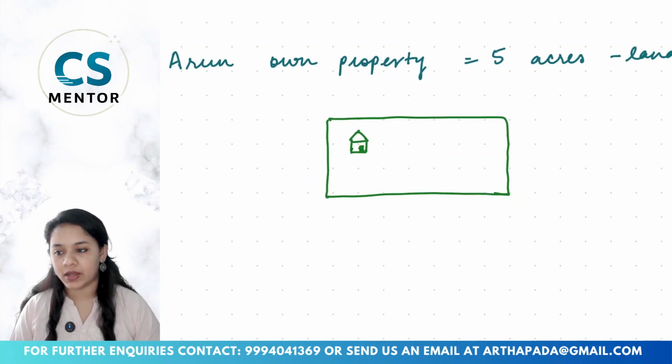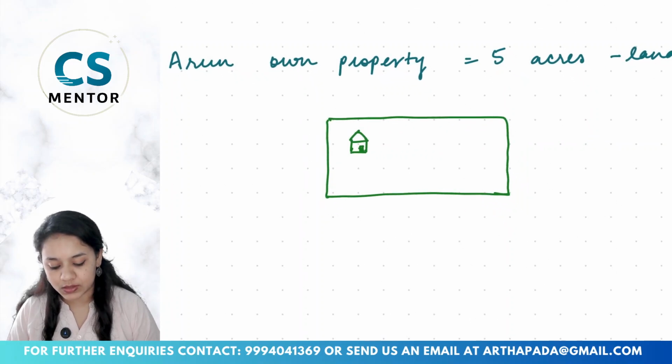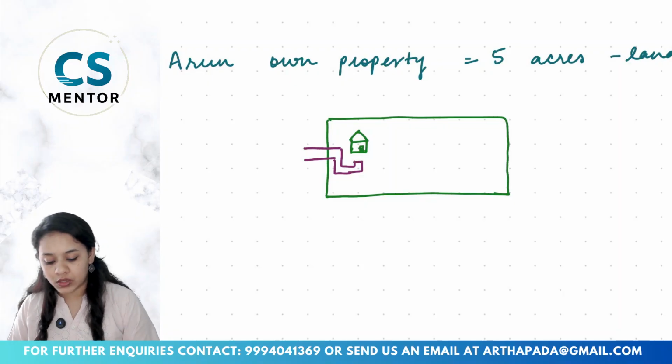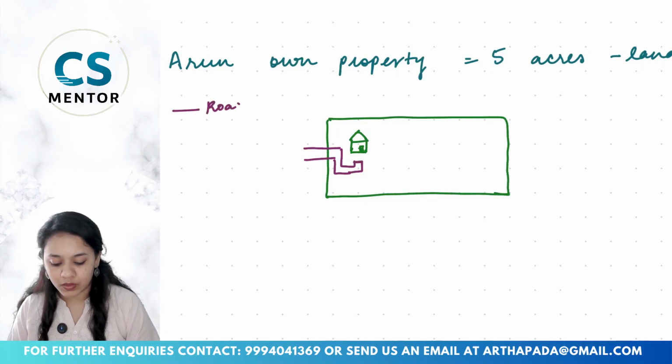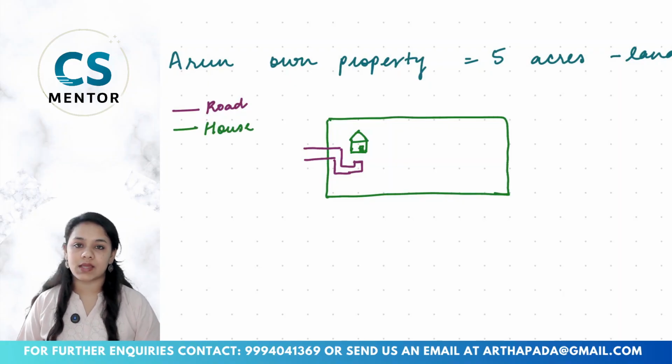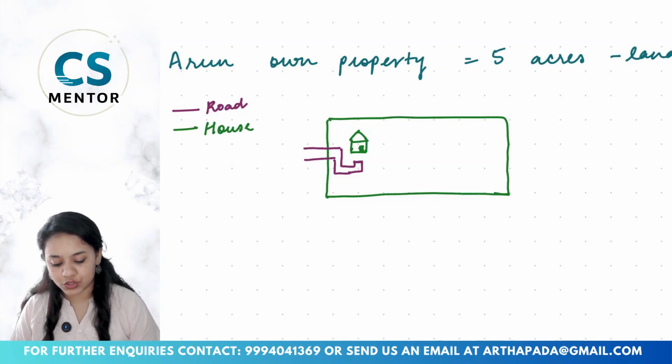And in this property, there is a pathway which leads in like this, and then the road eventually steps out like this and goes into the house itself. So the purple line is the road and the green is the house. Okay, so this is exactly how the property is situated.